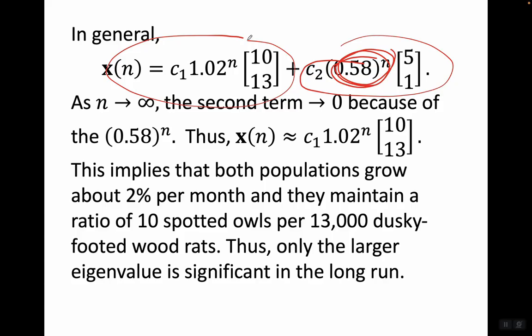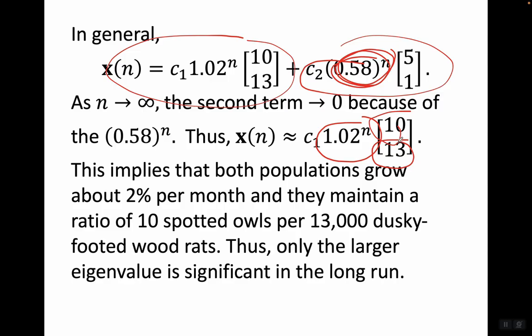This implies that both populations grow about 2% per month. That's because you've got the 1.02 to the n. So the populations are growing 2% a month, and they maintain a ratio of 10 spotted owls per 13,000 dusky-footed wood rats. Again, it's not 10 owls and 13 rats, because the rats are measured in thousands.